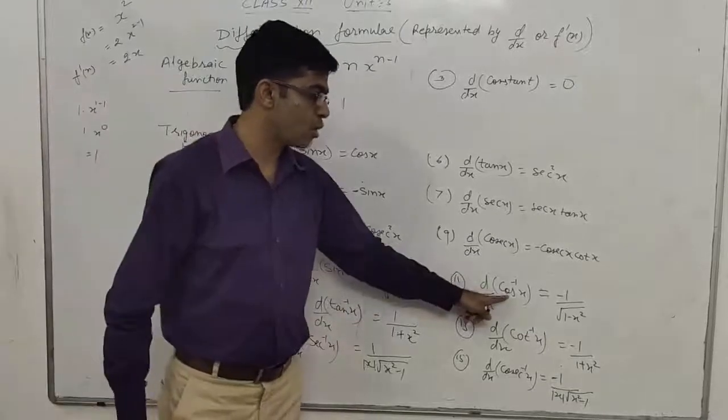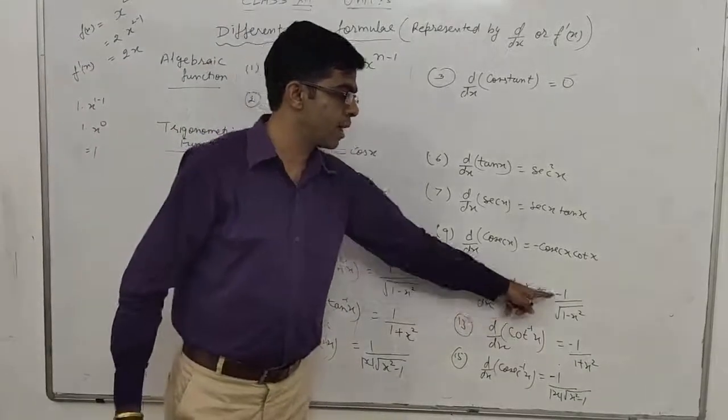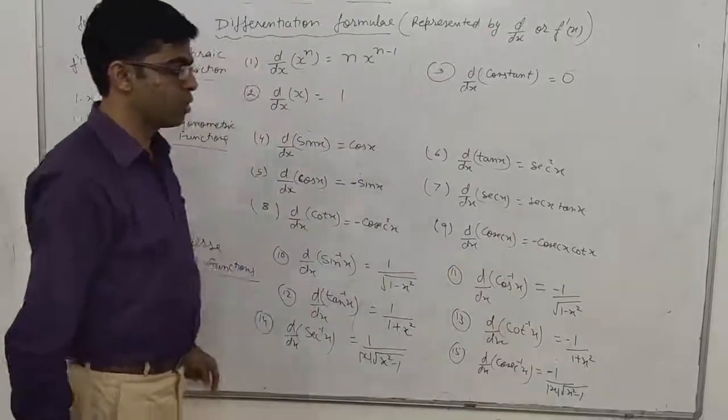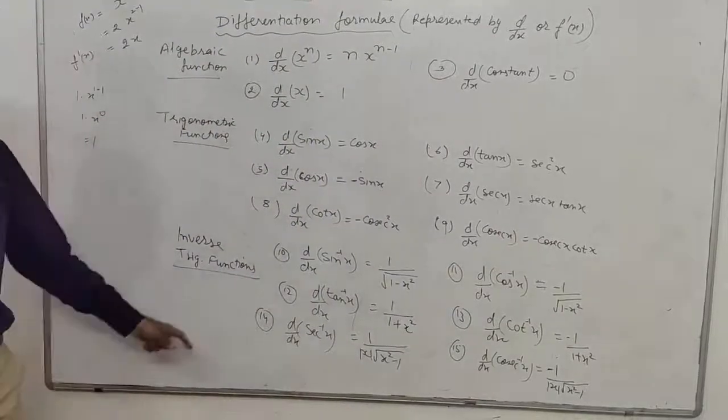Then comes cos inverse x. It starts with c, so the minus sign will come, and the same answer, negative 1 upon the square root of 1 minus x square.